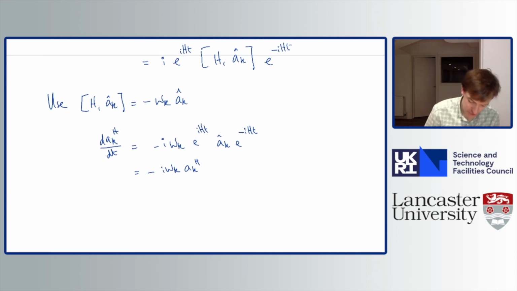So of course the solution is that a_k Heisenberg is e^{-i omega_k t} times the operator a_k at some reference value.